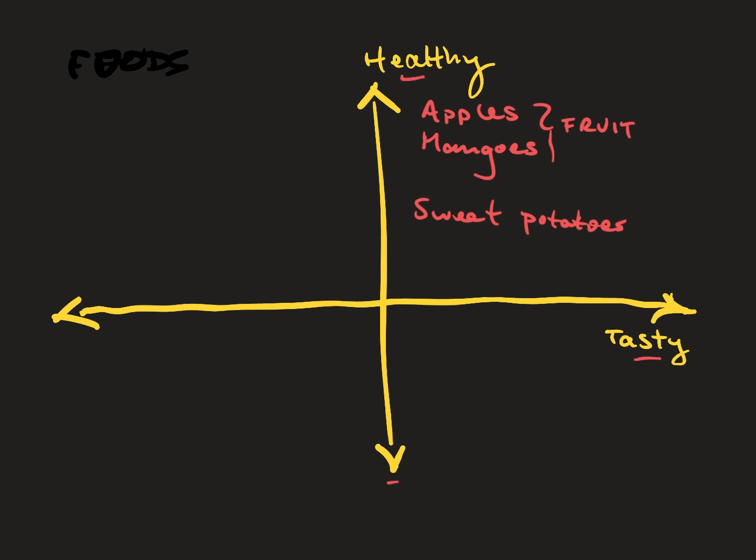Oh, we've got this bottom right quadrant. Things that are unhealthy and tasty. Examples of those. What's unhealthy but tasty? Candy, fast food. What else? Popcorn.